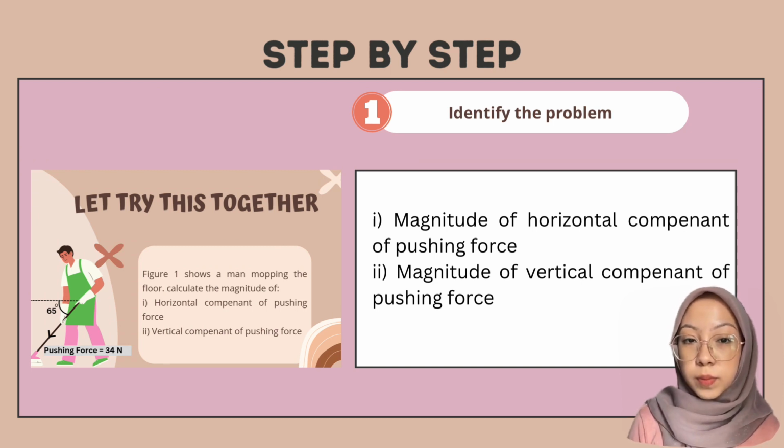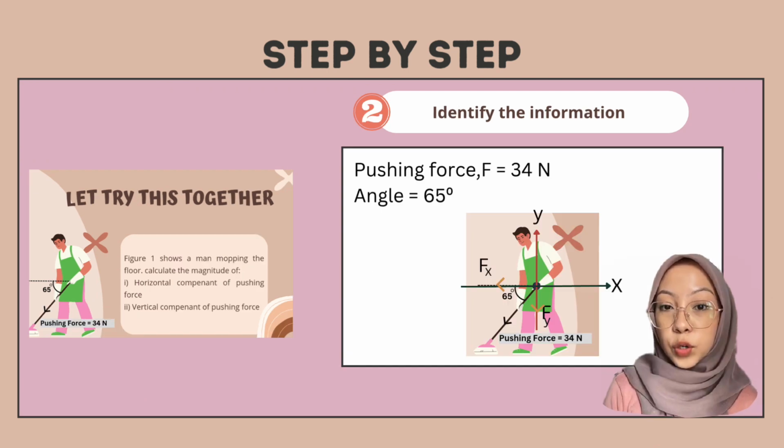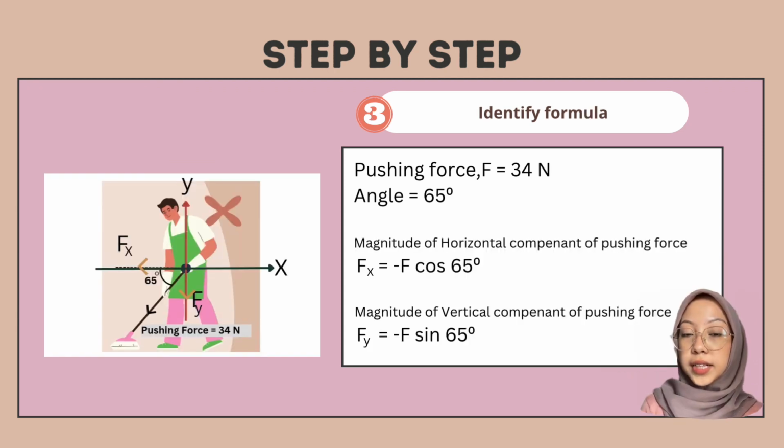First, identify the problem. In this question, we need the magnitude of the horizontal component of the pushing force and the magnitude of the vertical component of the pushing force. From the question, we know the pushing force F equals 34 Newton and the angle equals 65 degrees. Now, for the third step, we need to know the suitable formula. Remember, when theta is on the plane, it will be cos theta.